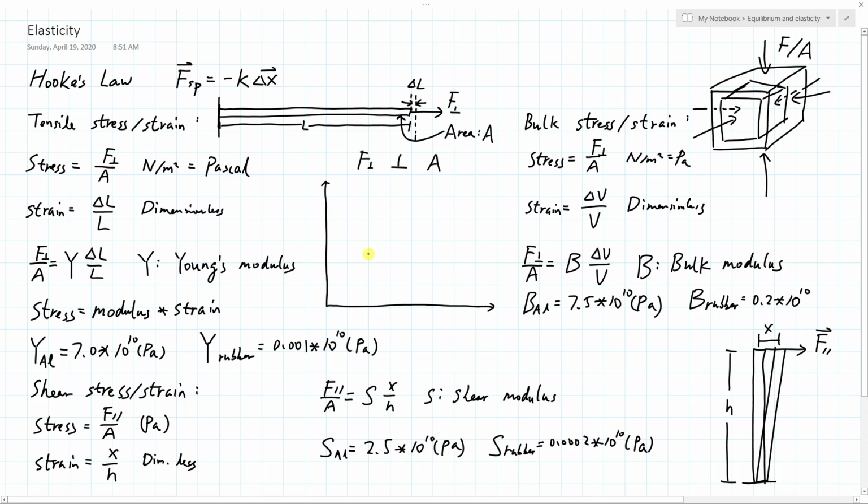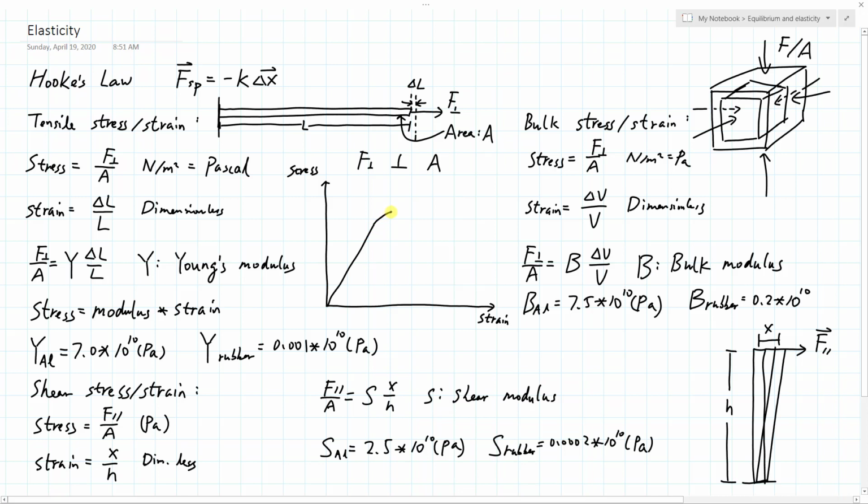So if the stress is the vertical axis and the strain the horizontal axis, we'll have this proportionality for a while, and then it becomes a little less proportional.